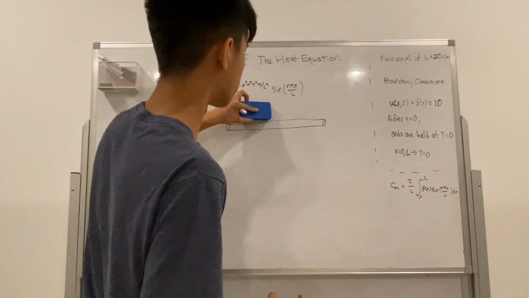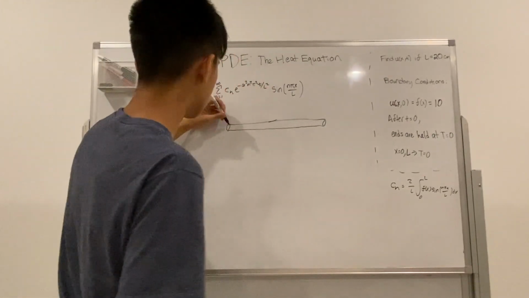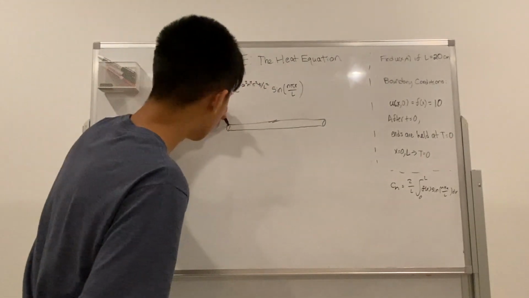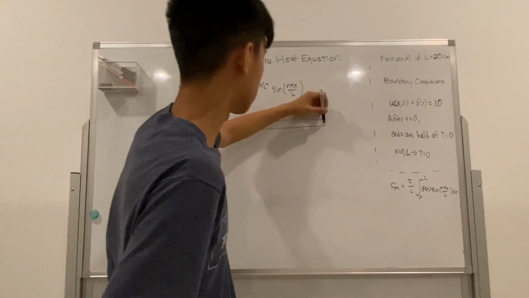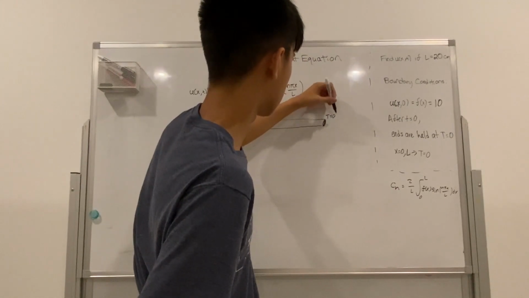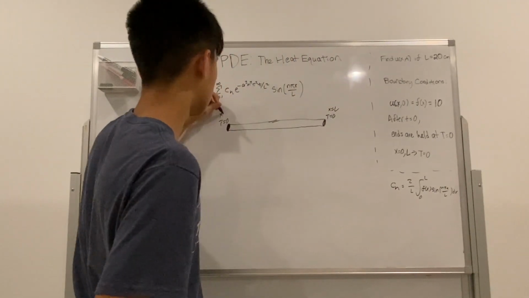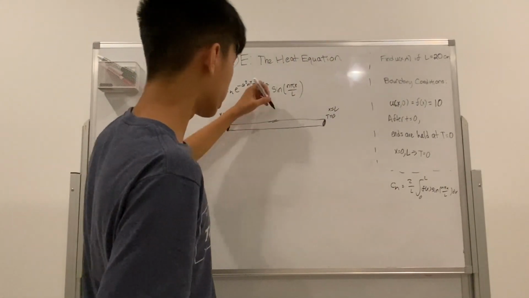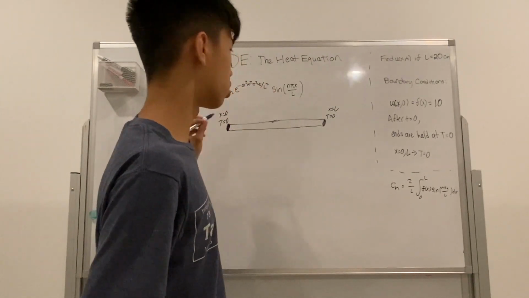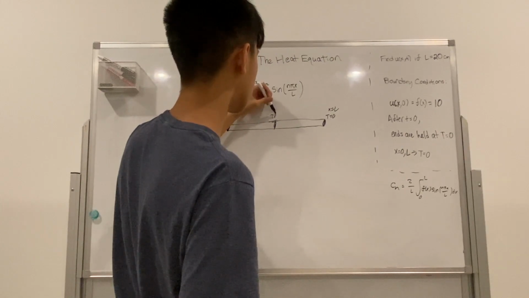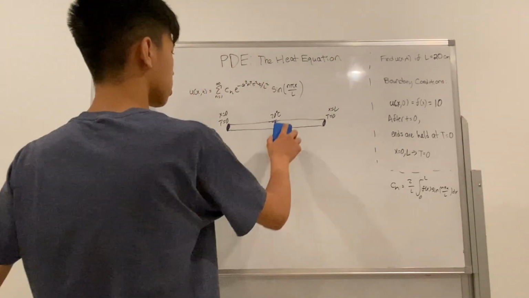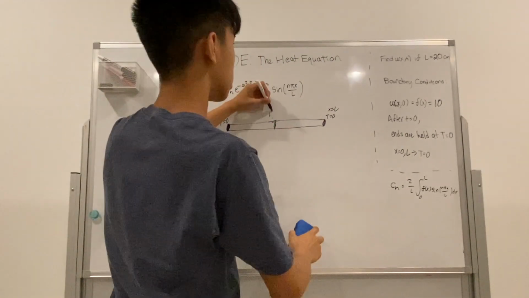But after t equals 0, these endpoints are both held at 0. But everything else is kept the same. So maybe right after t equals 0, it might still be 10 degrees at the center.